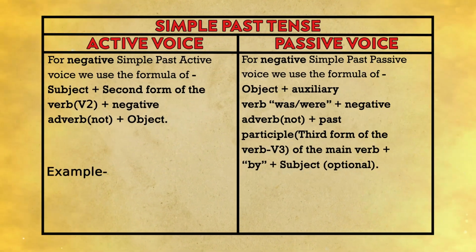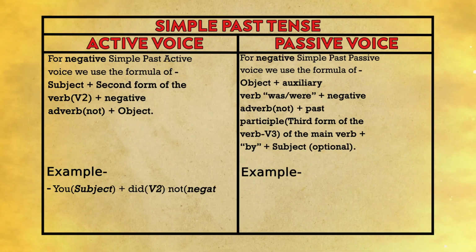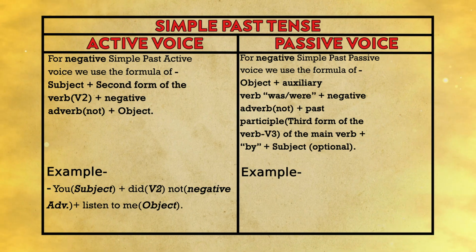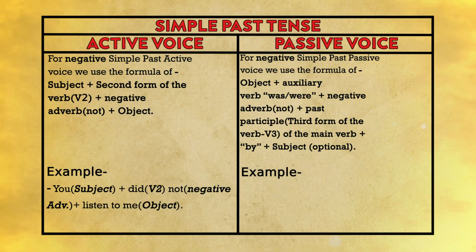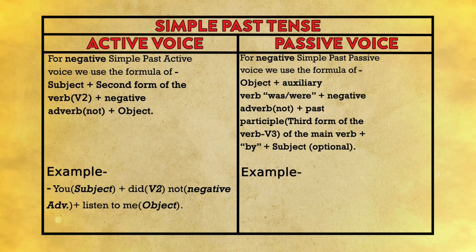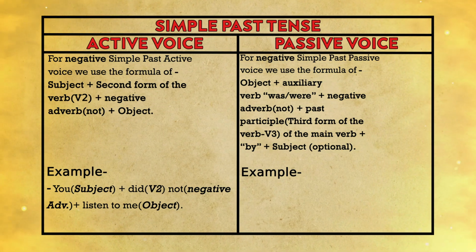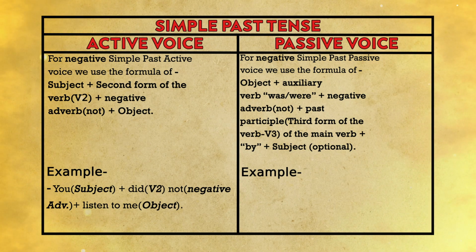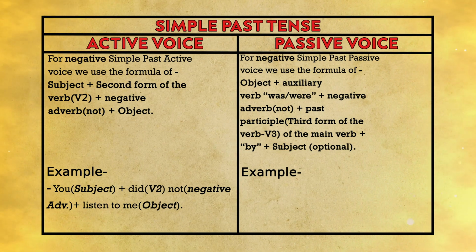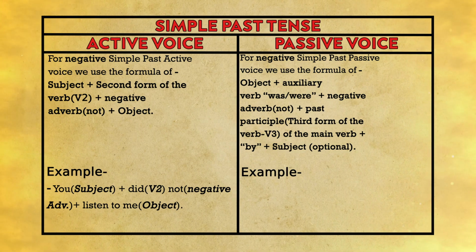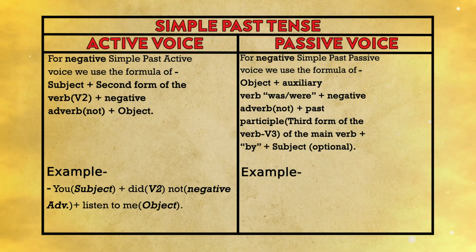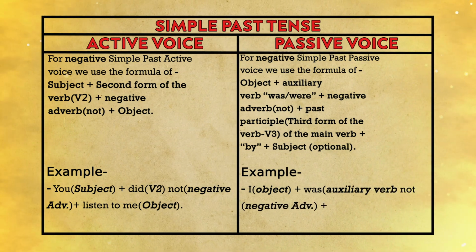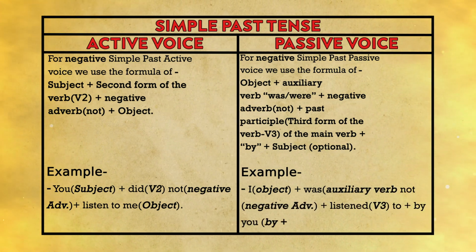For example, you did not listen to me. You is the subject plus did, second form of the verb, plus not, plus listen, plus to me, that is the object. When we change it into the passive, it becomes I was not listened to by you.